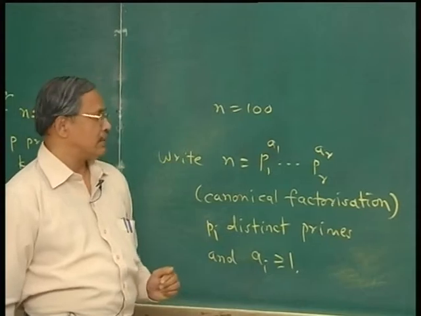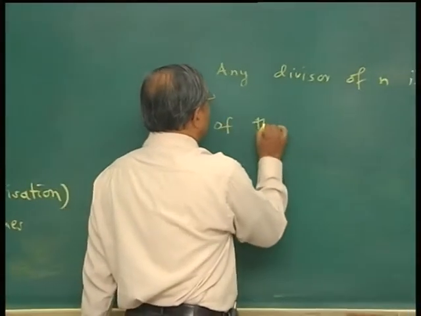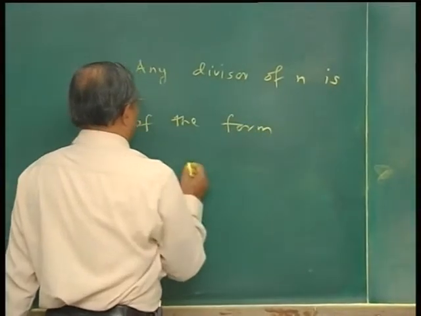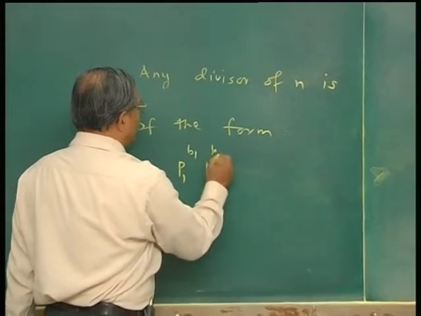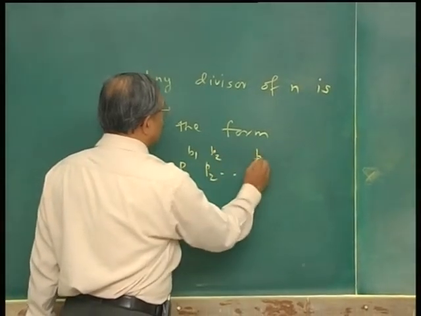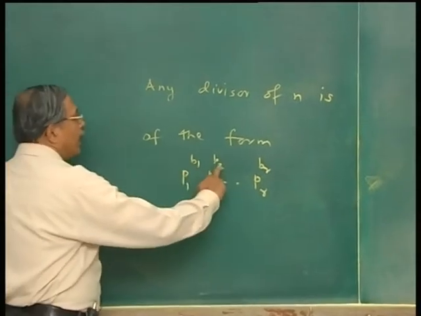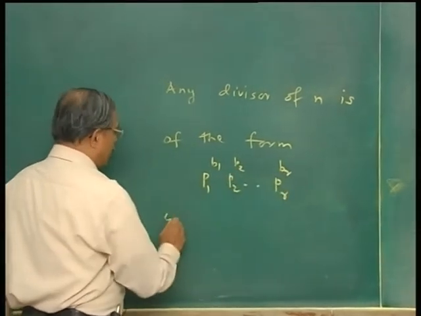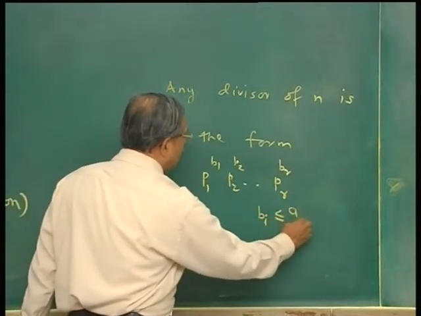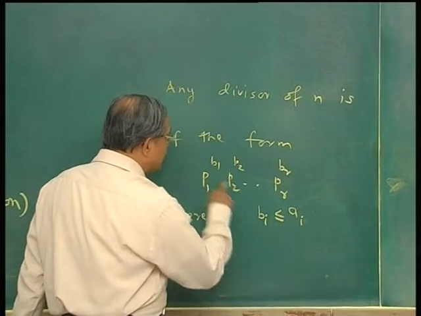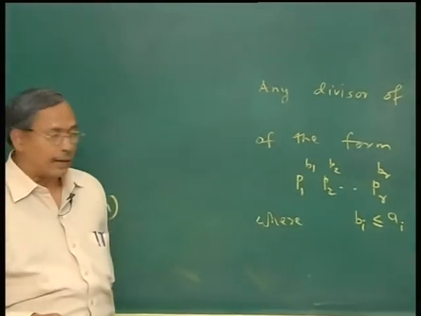in any divisor. So any divisor of n is of the form p1 raised to b1, p2 raised to b2, etc. pr raised to br, where these bi are less than equal to ai, but they can be 0, that is some prime may not appear in the factorization of the divisor.